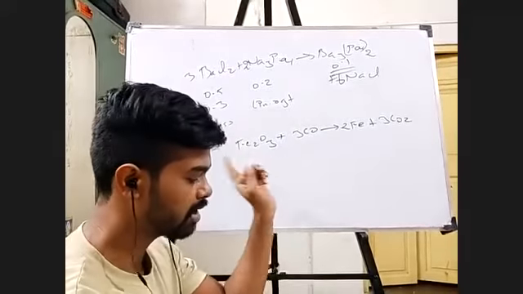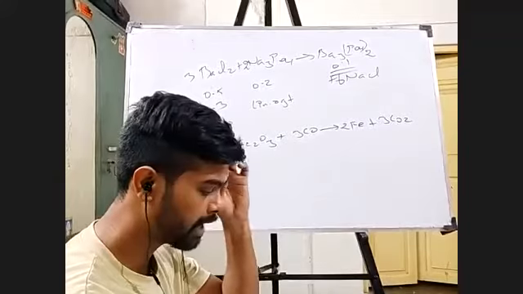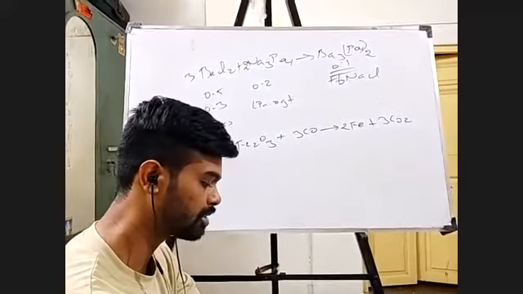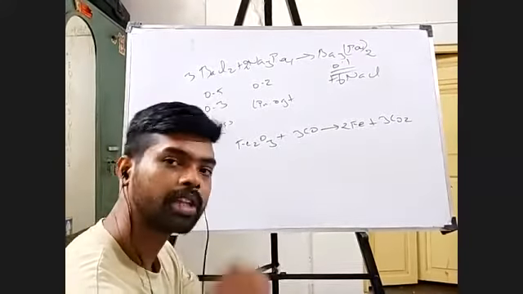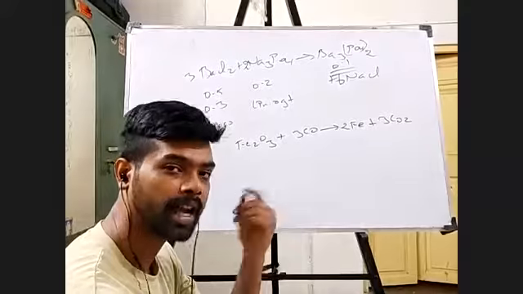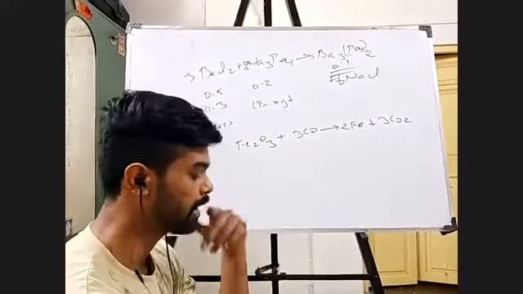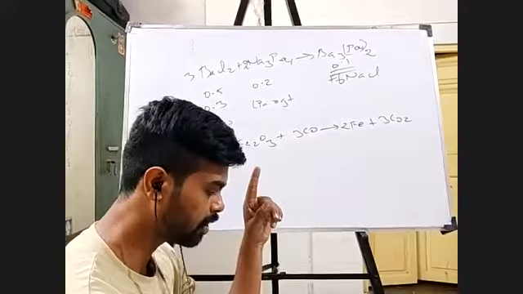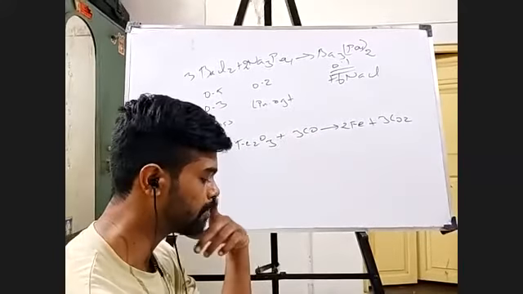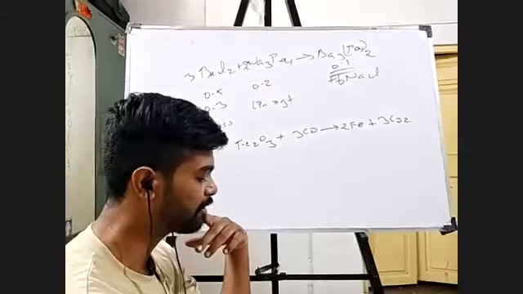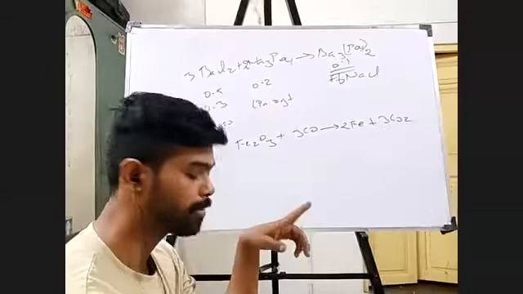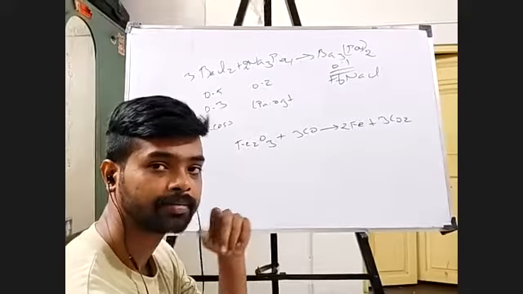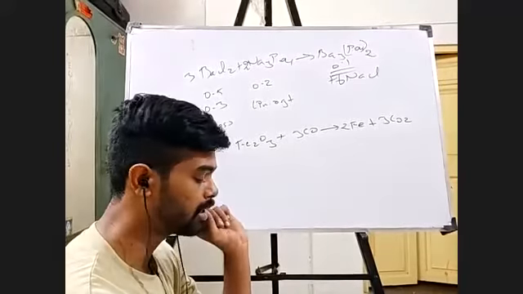For this reaction, 480 grams of Fe2O3 was taken with excess of CO. They themselves have given that CO is the excess reagent, so you don't have to care about CO. Yields 252 grams of iron. Now they're asking what is the percentage yield of the reaction, and the atomic mass of iron is 56.